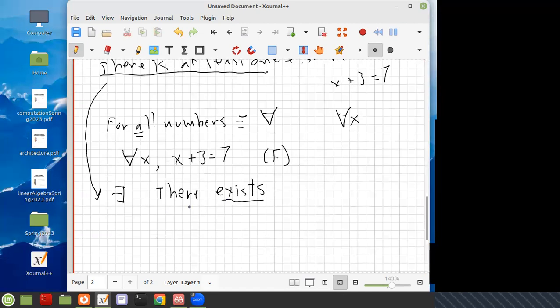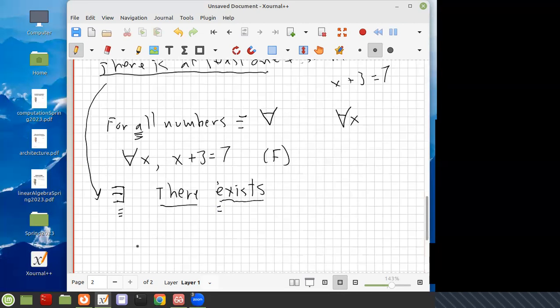And the exists sounds sort of mystical, but it just means there is one we can find. So, but the point is that the E here, you've taken the capital E and write it as a backwards E. So it's sort of in the symbol, it suggests the meaning that this is an upside down A for all. This is a backwards E for there exists.